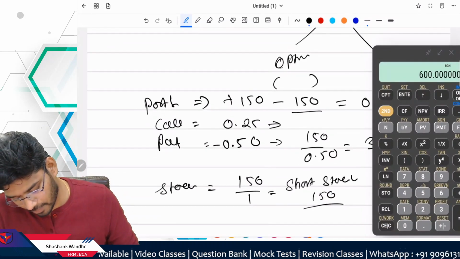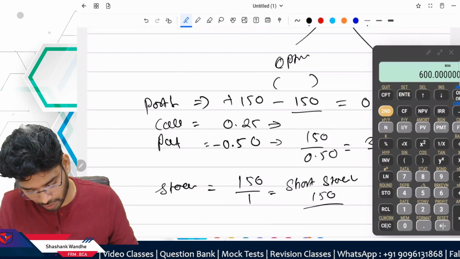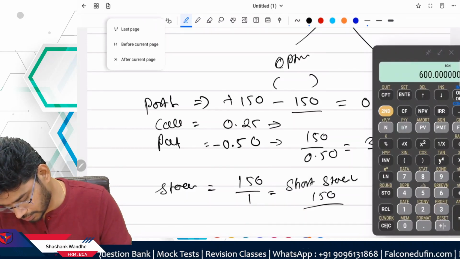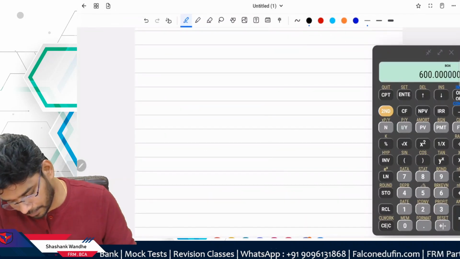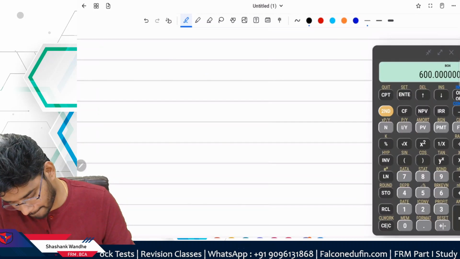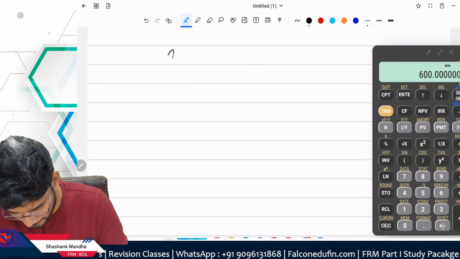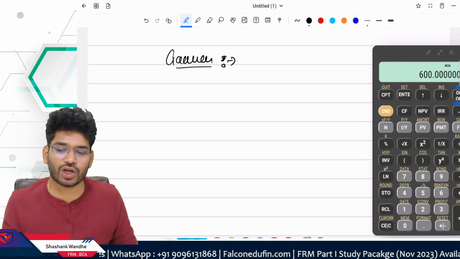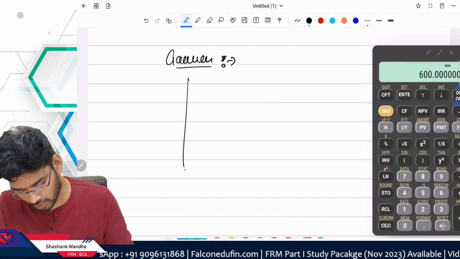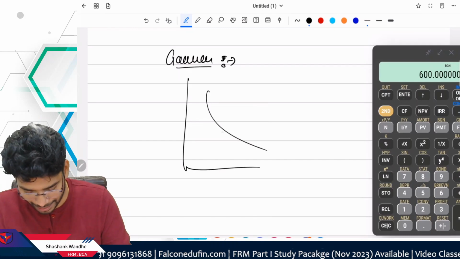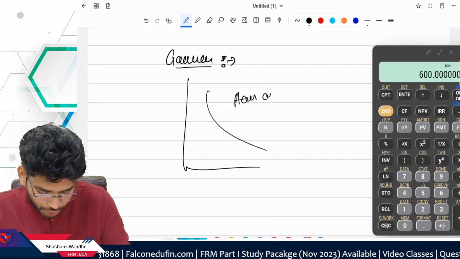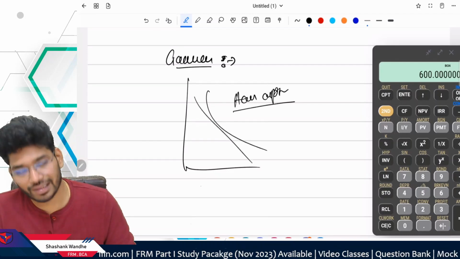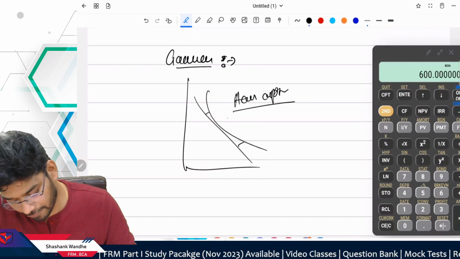Once we have this part, we move to the gamma discussion. Delta is done. Now let's discuss gamma. We know this is the actual movement of the option, and delta captures the linear movement, and gamma is the curvature capture.